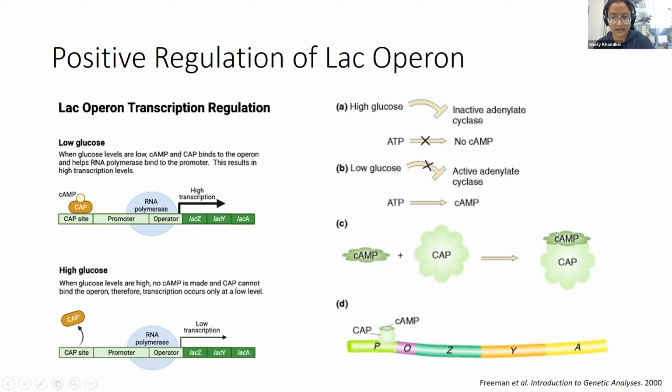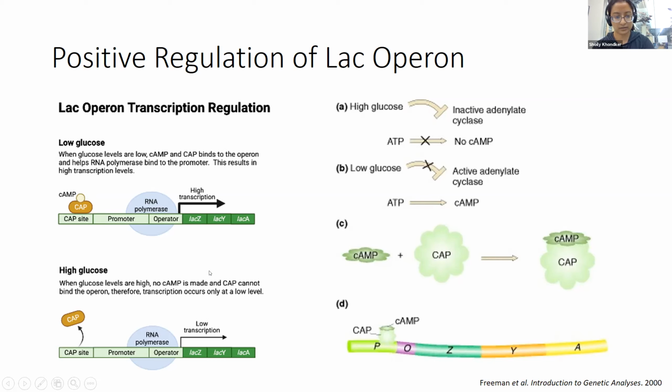The CAP protein, when bound to cyclic AMP, binds to what's referred to as a CAP site, which is upstream of the promoter, and this promotes the interaction between RNA polymerase and the promoter, and this enhances transcription of the LAC operon.